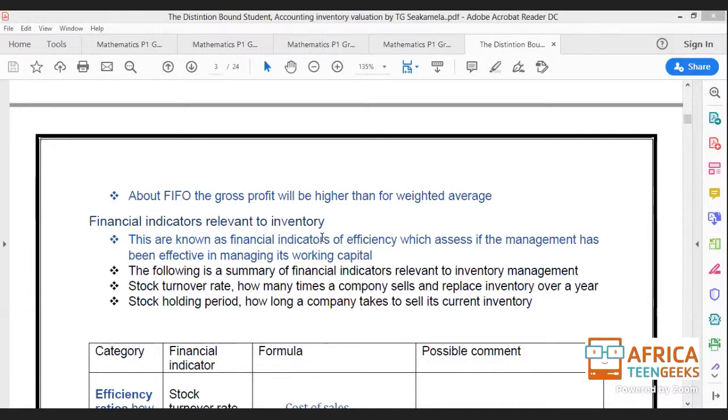These are known as financial indicators of efficiency, which assess if the management has been effective in managing its working capital. The following is a summary of financial indicators relevant to inventory management: your stock turnover rate and your stock holding period. And I'm sure it's not your first time seeing these.